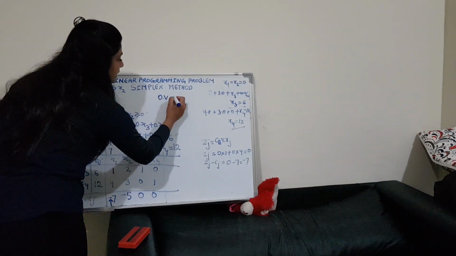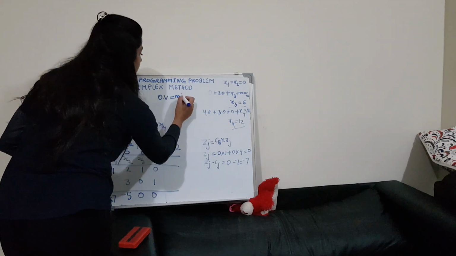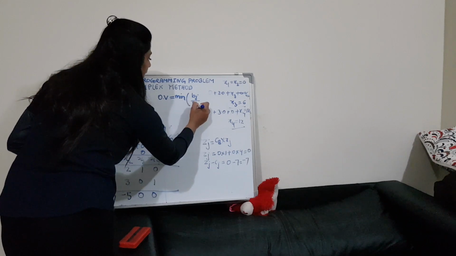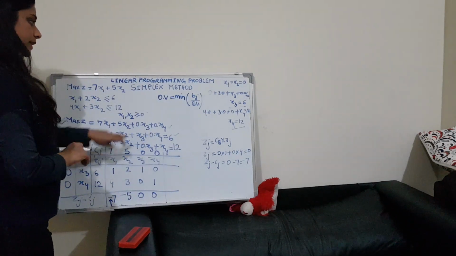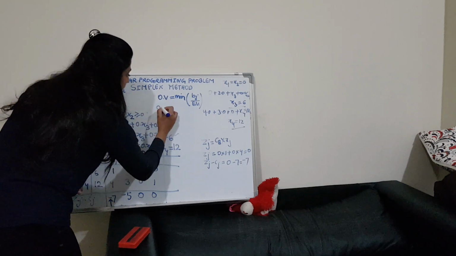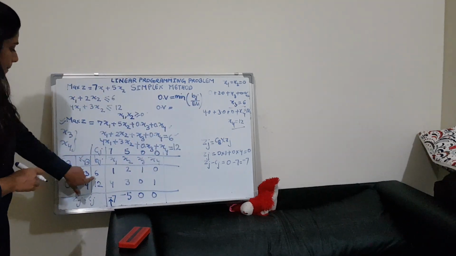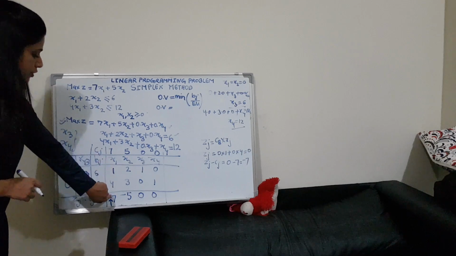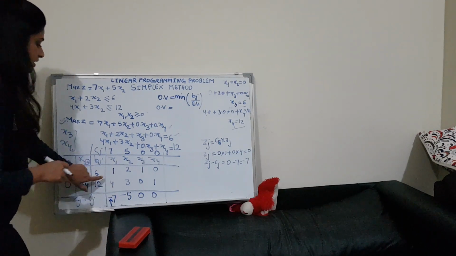The formula for calculating the outgoing vector is minimum Bj upon entering vector. So Bj is this, and the entering vector column is the first column. So we will take these two values. For the first row, 6 upon 1.